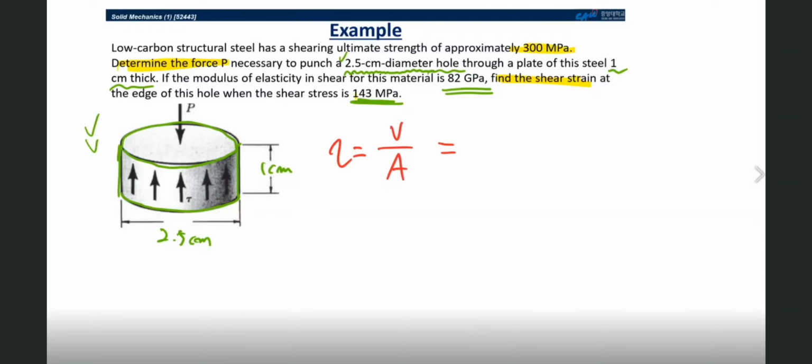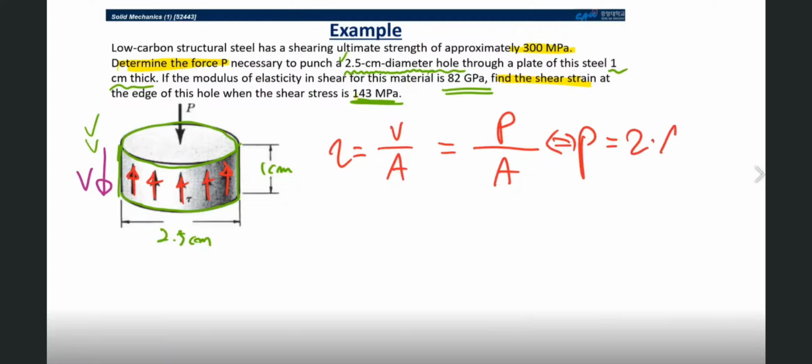So we can assume uniform shearing on a cylindrical surface with a diameter of 2.5 centimeter and 1 centimeter thick steel plate. Okay, then tau is V over A, and in this case V is equal to P, because all this stress is related with the shearing force V, which in this case is the same as P. So P should be tau times A.